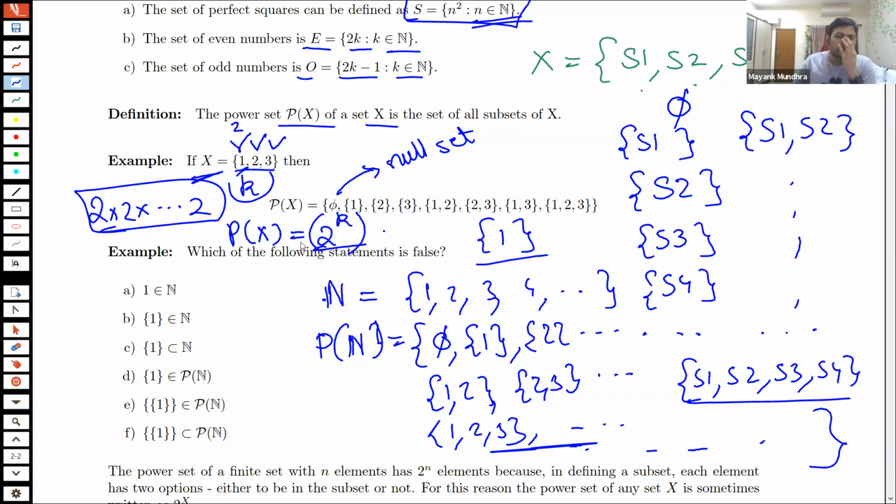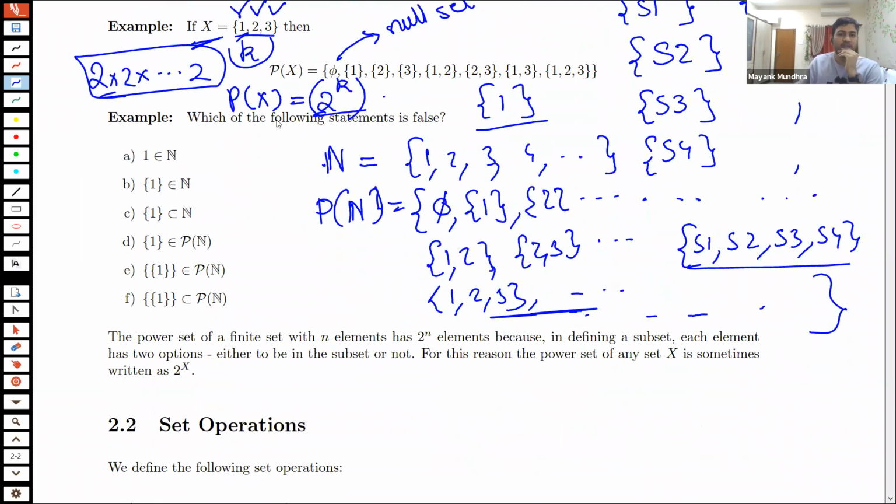Okay. So with that in mind about power sets and everything, just tell me which of the following statements is false. Take your time, take a couple of minutes and tell me. Be wary of these symbols. This is subset, this is belongs to.